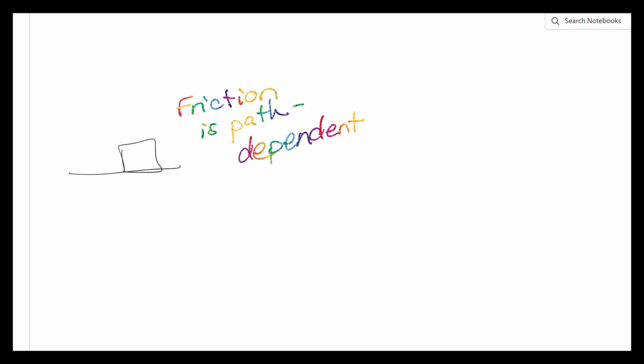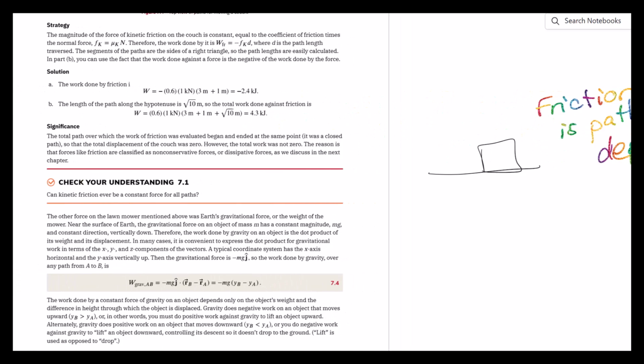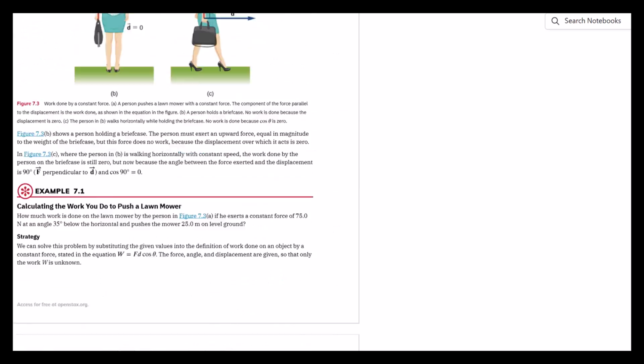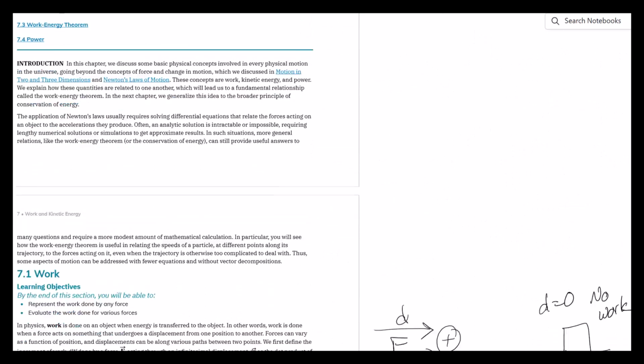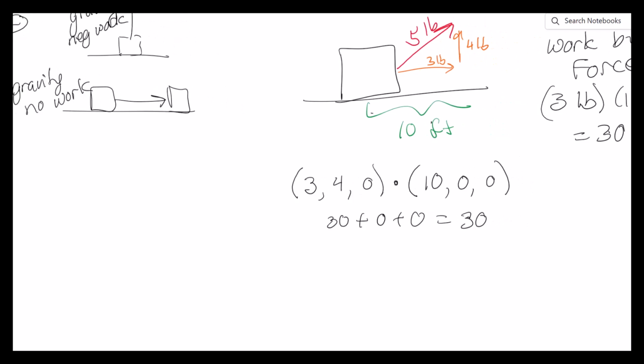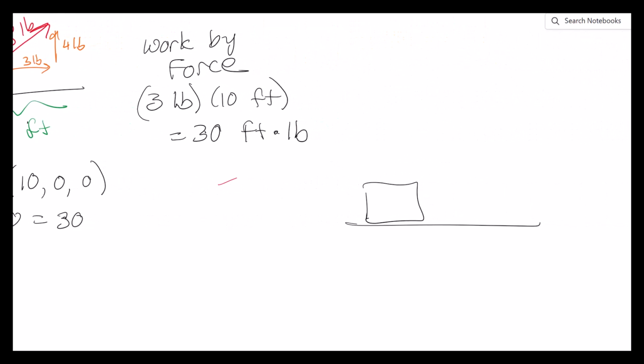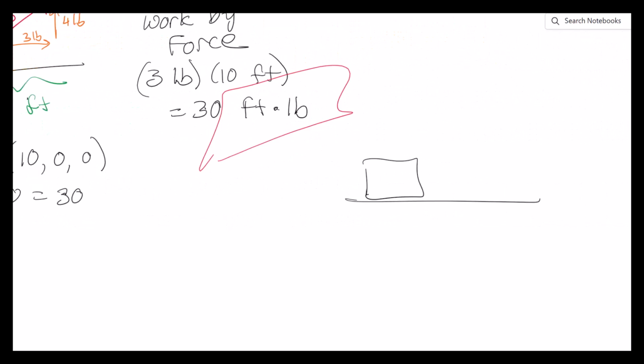Let's see. One more thing I want to make sure that I mentioned, because I recorded this and realized I hadn't, is the units on work. Whenever I was doing this a minute ago, I think I said foot-pounds when I was just playing around. So foot-pounds is what it's going to be in customary units.